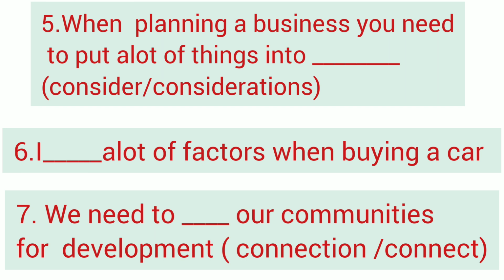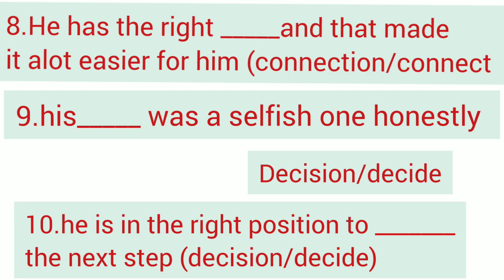And number 8 will now go with connection. So let's see if it matches. Number 8, he has the right dash, and that made it a lot easier for him. So we said he has the right connection, and that made it a lot easier for him.